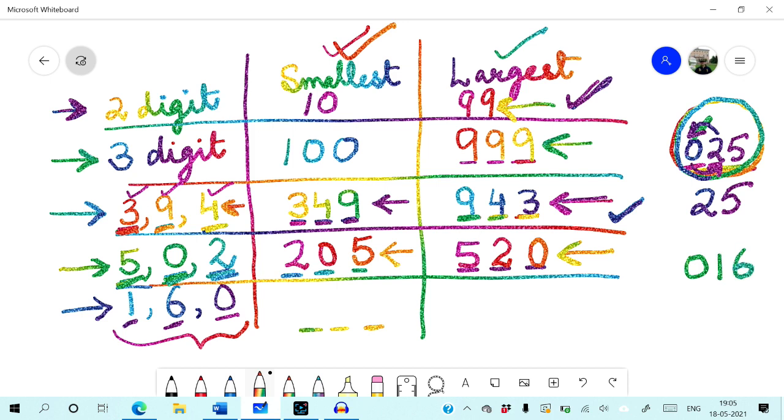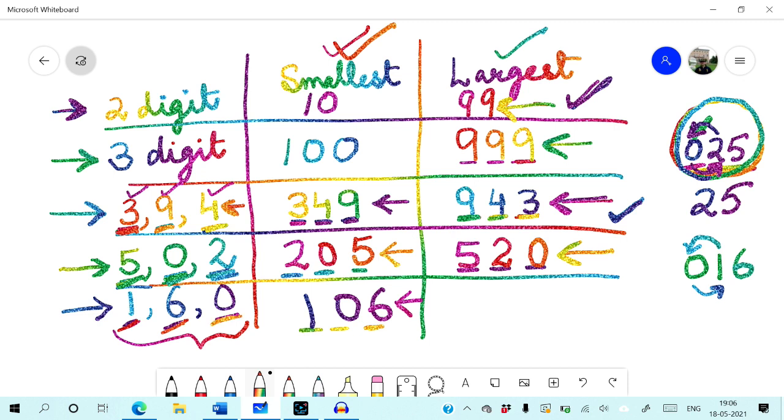But since no number starts from 0, children remember, no number starts from 0. So we will exchange the places of these two digits and the number would be 106. So 106 is the smallest number using 1, 6 and 0.